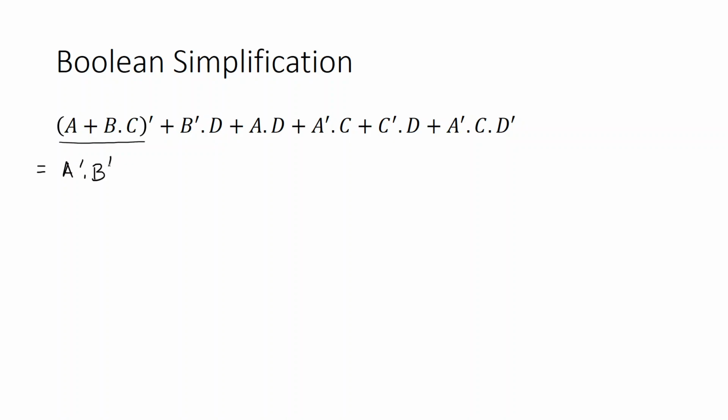So your result would be this: A' B' plus C', right? So A' B' plus A' C' plus all these things plus AD plus A' C, and these two I will combine.